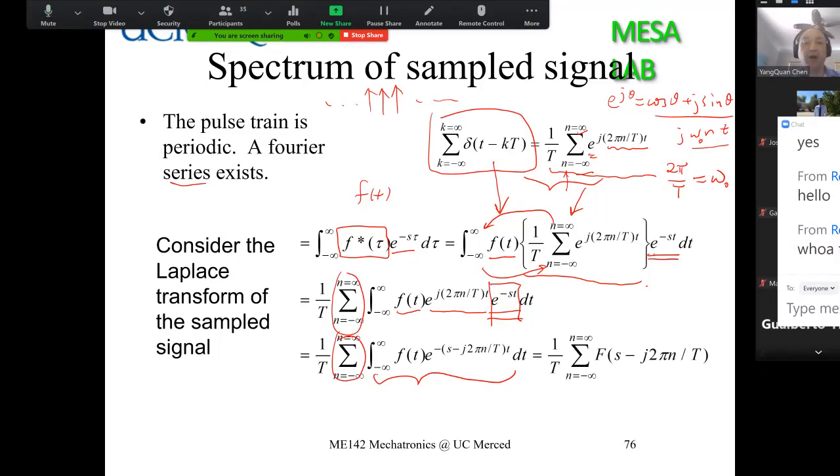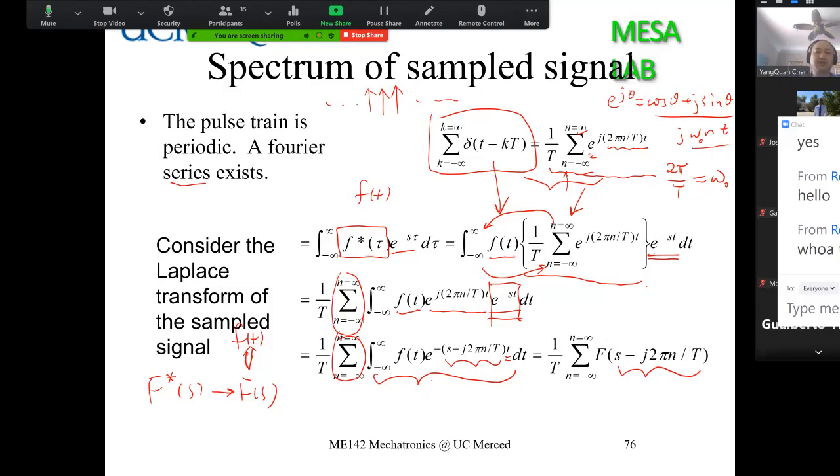So I want to express my f star s in terms of fs. Fs is the Laplace transformation pair of the original signal ft. So by doing that, we find there are infinitely many terms. So this is the integration here, and this is this one. So we can consider this a Laplace transformation variable shifted, this term.